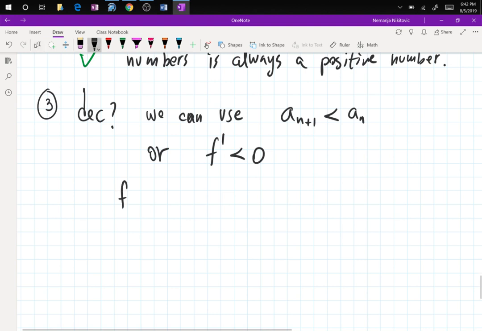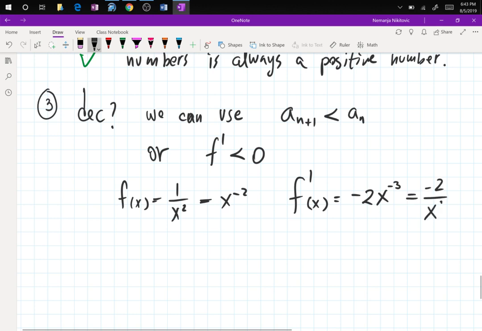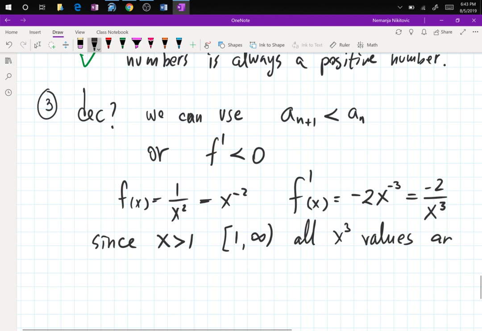My function f of x is 1 over x squared, which is x to the negative 2. F prime is going to be negative 2 x to the negative 3, which is negative 2 over x cubed. Since x is always bigger than 1, that's noted in the domain 1 to infinity, all x cubed values are positive.